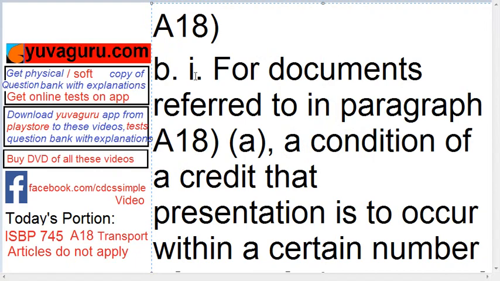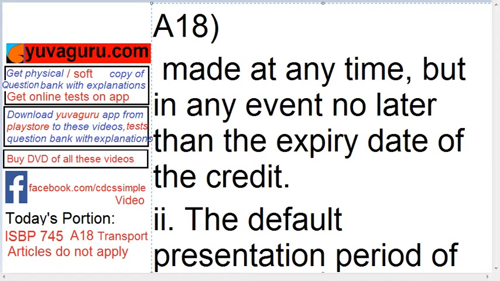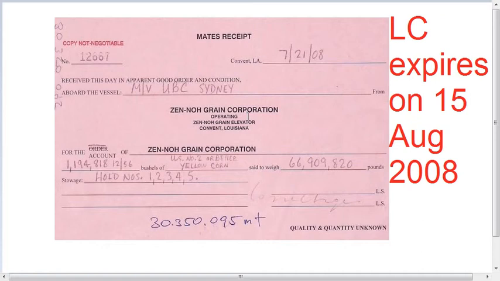B. For the documents referred to in para A18A, a condition of credit that presentation is to occur within a certain number of days after the date of shipment will be disregarded and presentation may be made at any time but in any event not later than the expiry date of the credit. See, if the LC requires a mate's receipt and says documents to be presented within 10 days after shipment, then that statement itself is worthless.